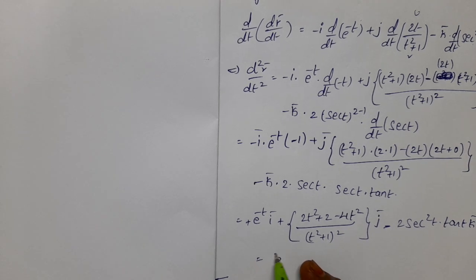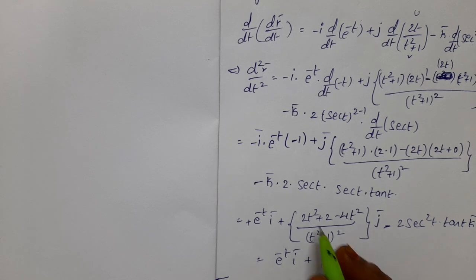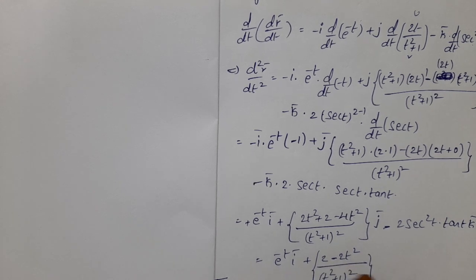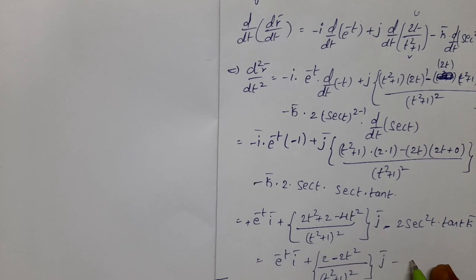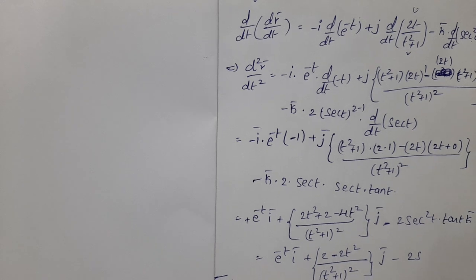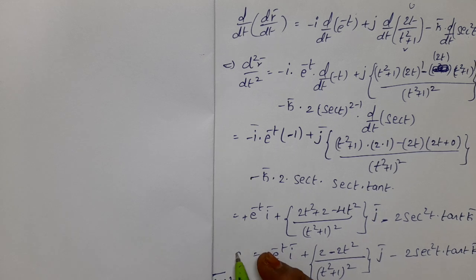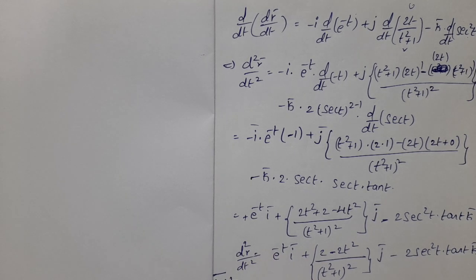Finally, e power minus t i bar plus 2 minus 2t square minus 4t square minus 2t square by t square plus 1 whole square into j, minus 2 secant square t into tan t k bar. This is d square r by dt square.